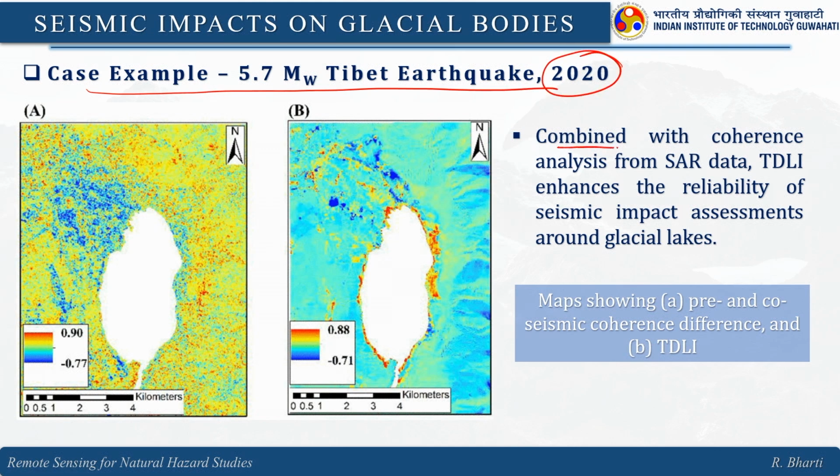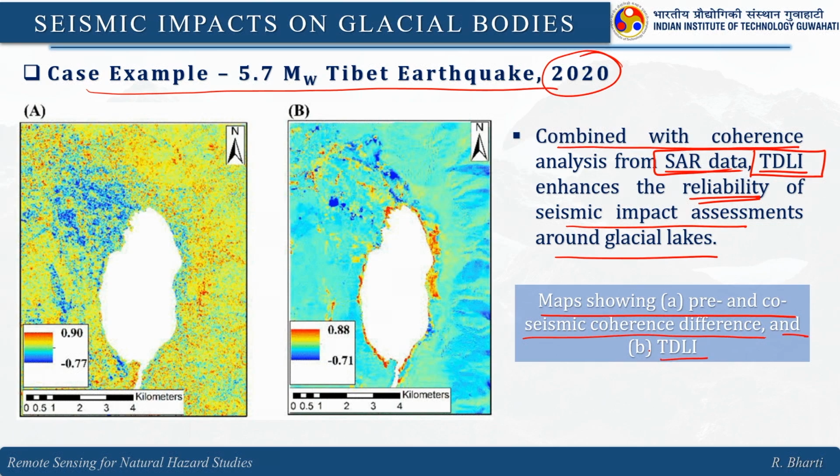So, here we have combined this SAR data with the TDLI to identify the seismic impact on the glacial lakes. So, combining these two will enhance the reliability, right. So, here the map shows pre and co-seismic coherence difference and TDLI values.